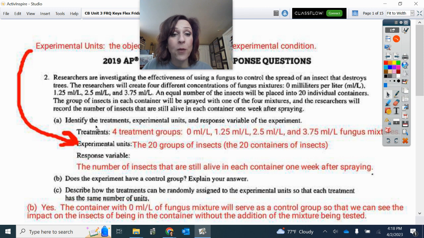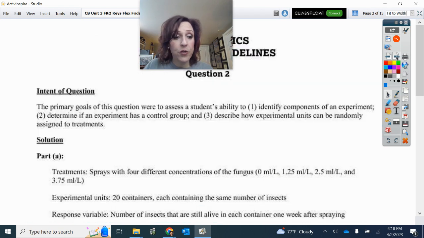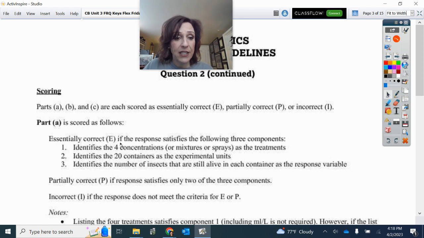You had to reference multiple treatments, all of the treatments, plural. There were 4: 0, 1.25, 2.5, 3.75 milliliters per liter of the fungus mixture. In order to get credit, you had to identify 4 concentrations of the treatments.